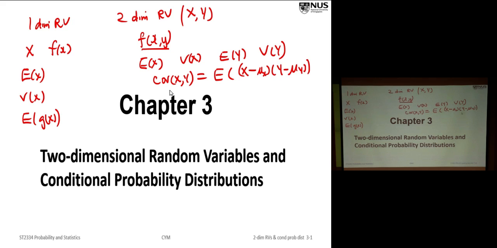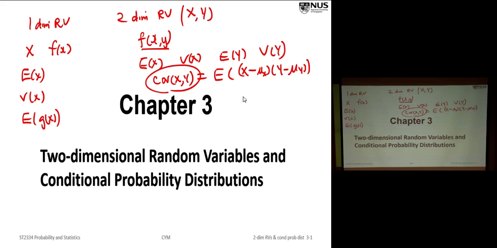This part is an additional one. So we have expectation of x and variance of x for x, and expectation of y and variance of y for y. But we also have to put these two together. That's called covariance of xy. This is the way that we try to describe the joint behavior of x and y.